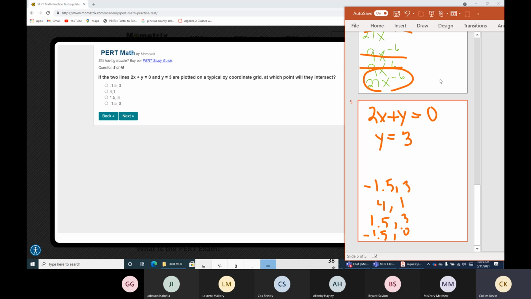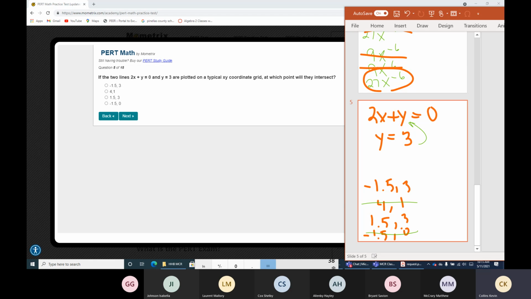B and D, perfect. Because their last digit is not 3. So these guys, gone. All right, so how do we figure this out? Well, it says y equals 3, and then it's 2x plus y equals 0. So this is the same y. So yeah, we're kind of feeling A, right?